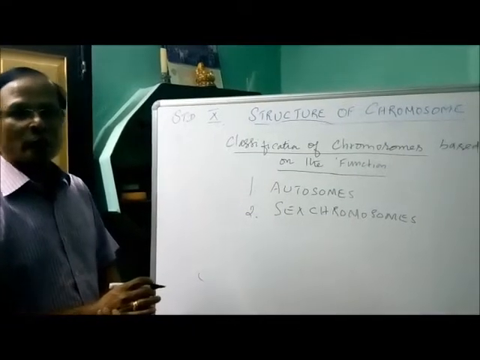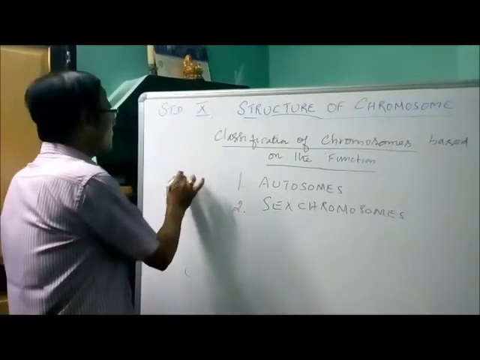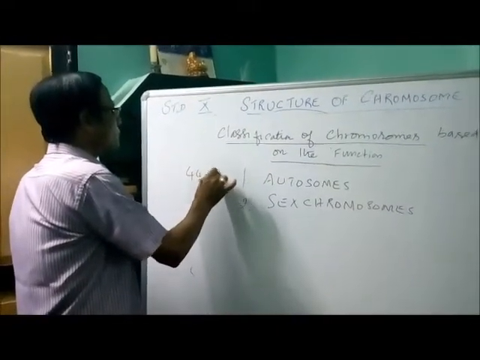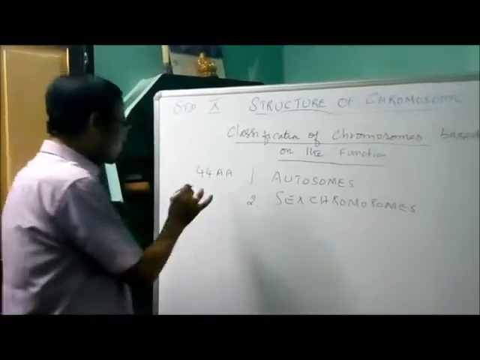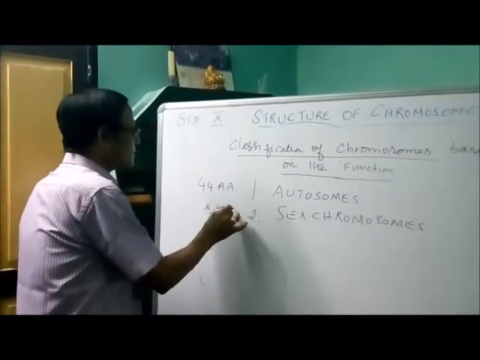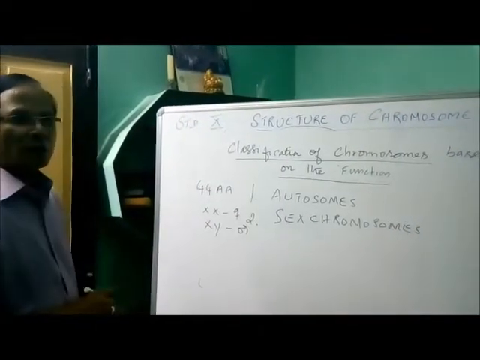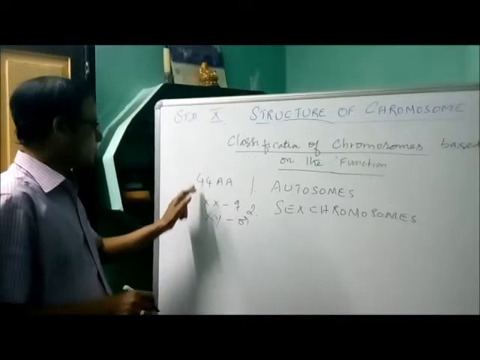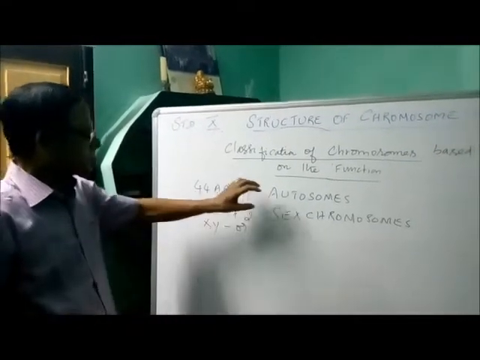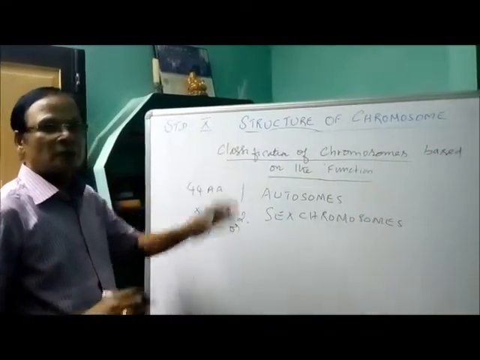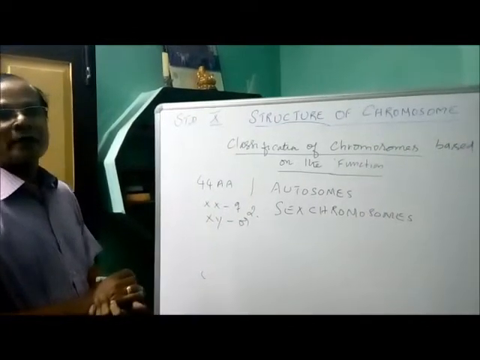For example, in human beings, we have 44 autosomes. The remaining two are sex chromosomes, XX in female, XY in male. So 44 plus 2. So the autosomes carry the genes for the somatic characters or the body characters.